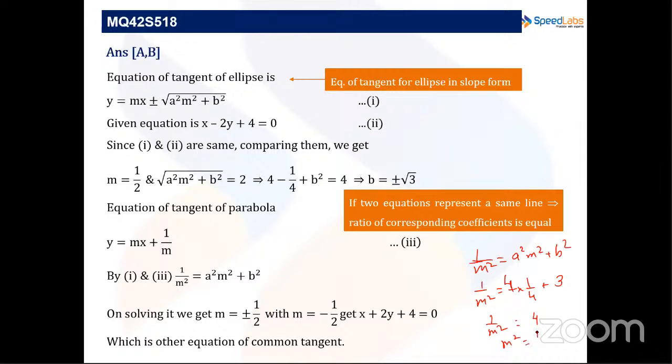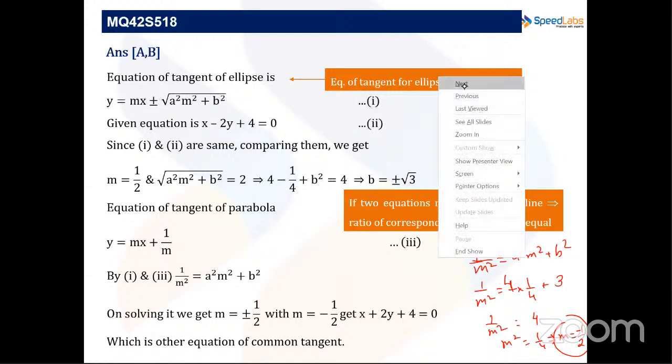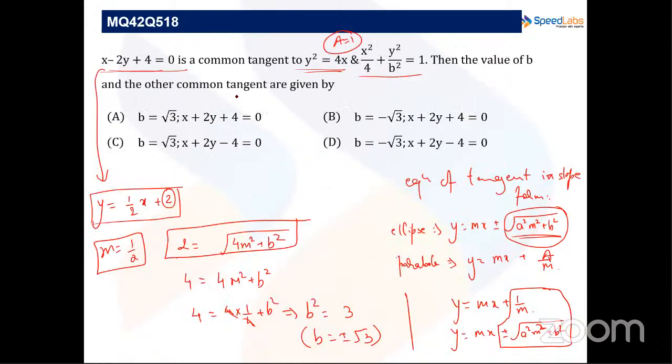So m square will be 1 by 4. This implies that m will be equal to minus 1 by 2. Now putting the value of m equals minus 1 by 2 in this equation, we will have y equals minus 1 by 2 x minus of minus 1 by 2, so that will be 2.